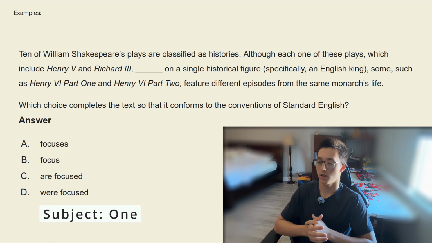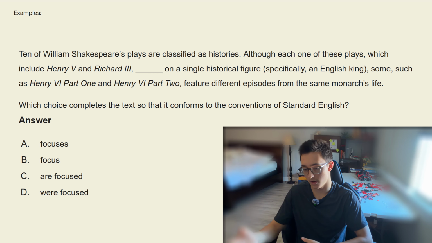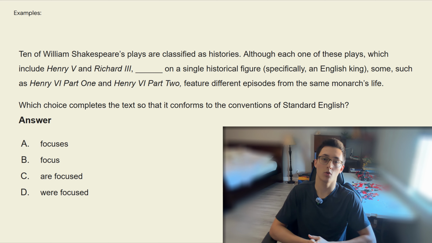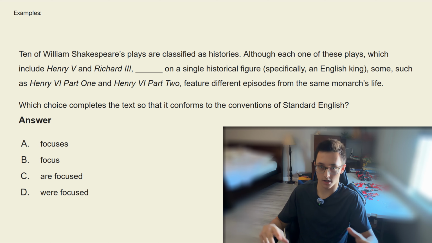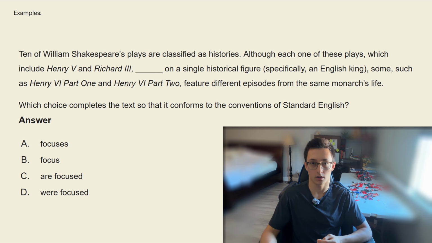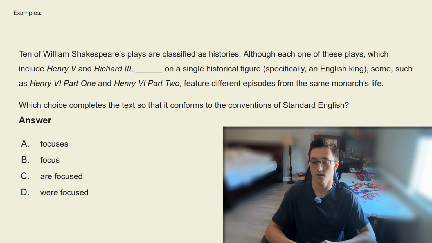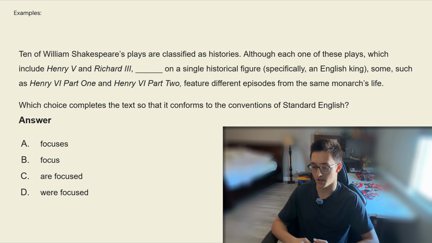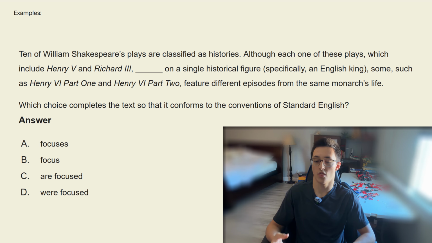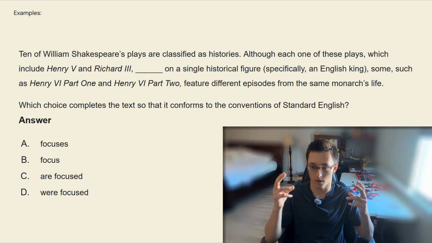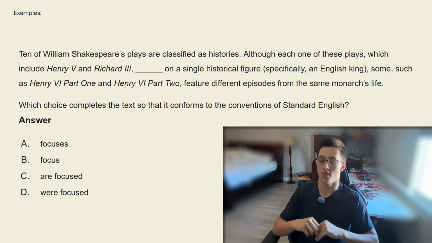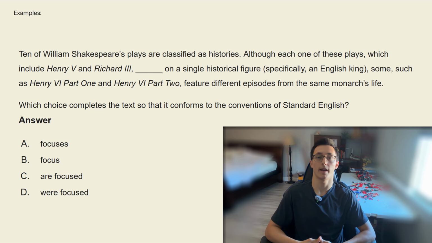When you see that although each one focuses on a single figure, that's what's so crucial about eliminating non-essential information, because a lot of people would have gotten this wrong, hence why it's a hard question, because they thought plays was the subject. But when you identify that each one is actually what the verb is agreeing with or matching with, that's how you understand conceptually that focuses is actually the correct answer.